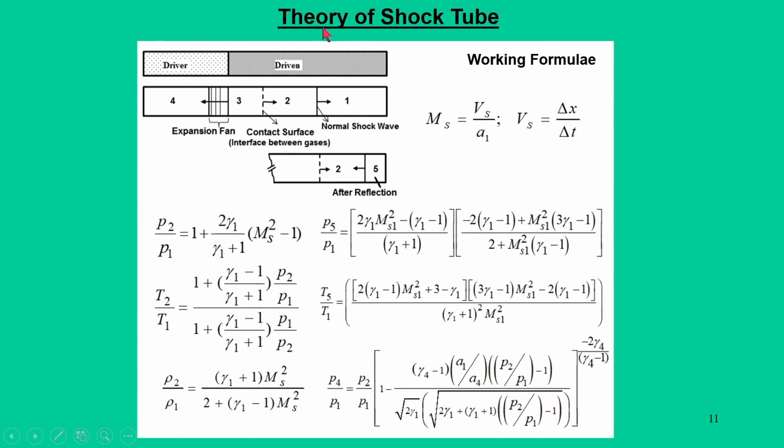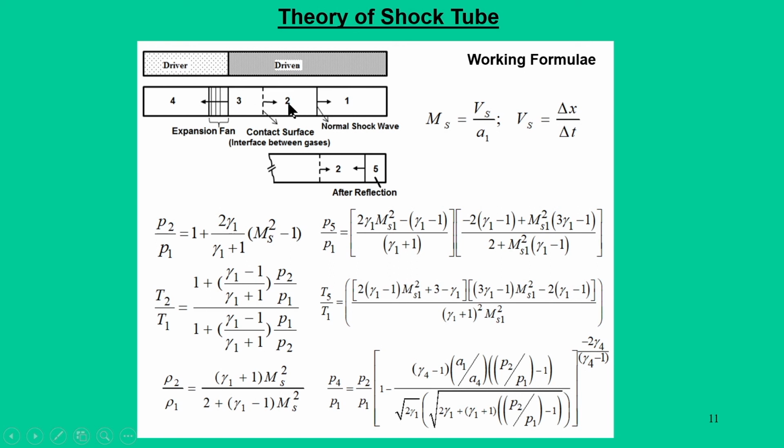Then some analytical theory of shock tube, which I have already mentioned: the shock wave can be treated as a moving gas, because we are looking at this shock wave from the laboratory frame of reference. Since it is a one dimensional duct, we can say it is a moving normal shock.